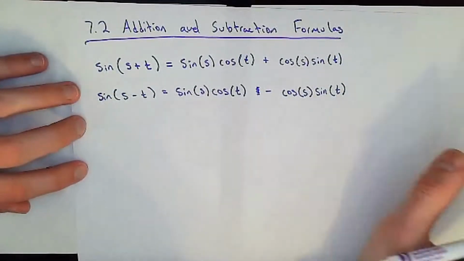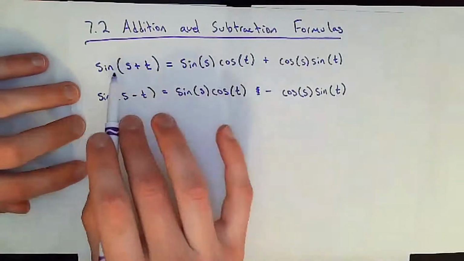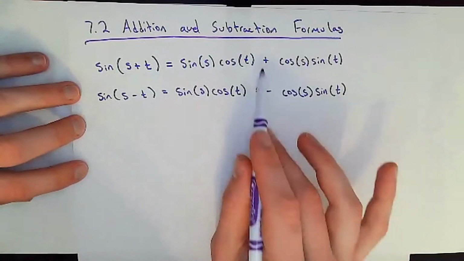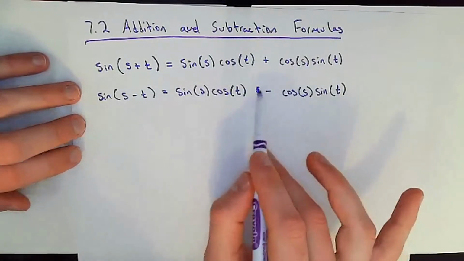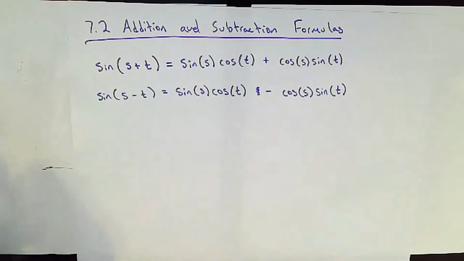I'm actually not going to derive them, but the reason this one is so nice and clean, and literally all that changes is that the plus sign becomes a minus sign, is that sine is an odd function. That's what's going on here.